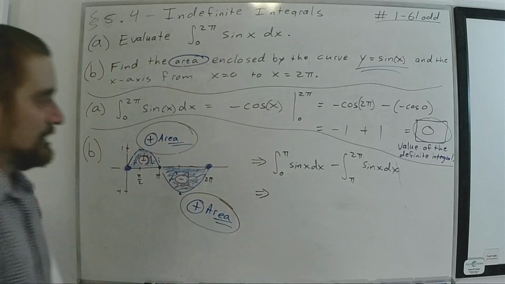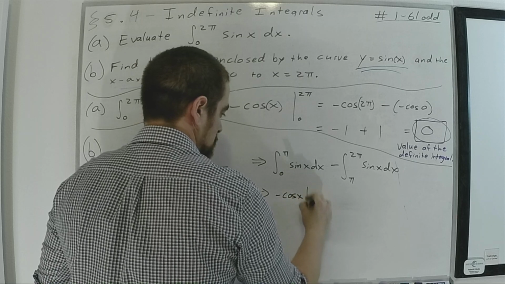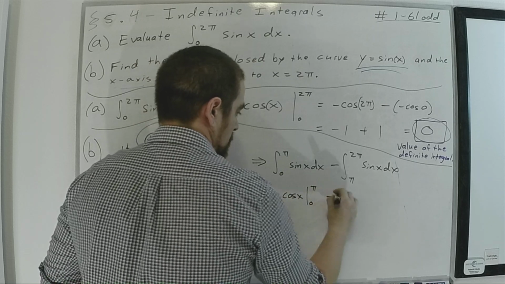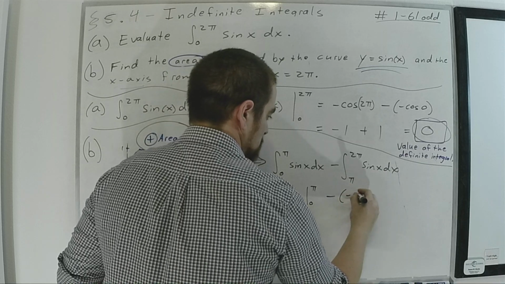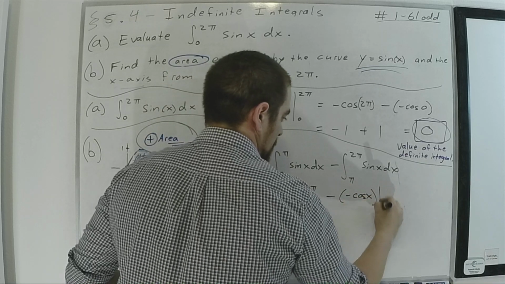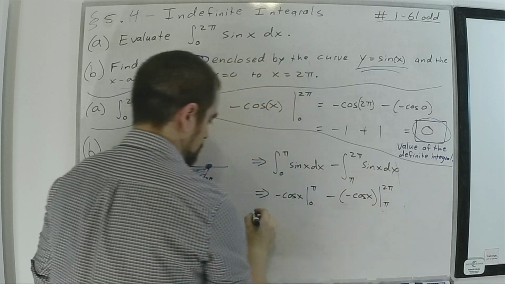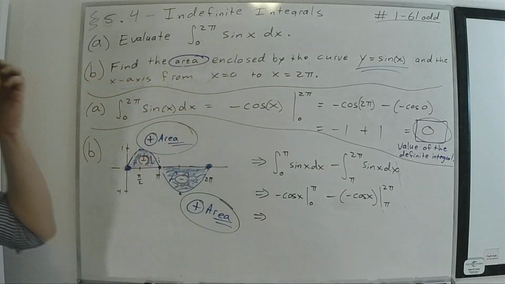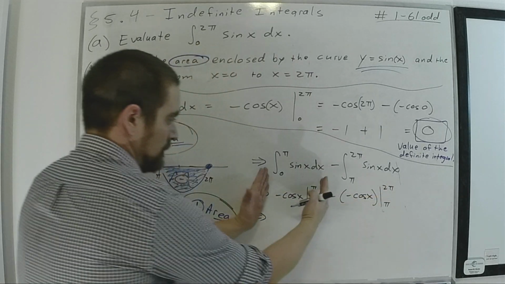So now I integrate sine of x from 0 to pi. That's negative cosine of x from 0 to pi. Then I want to subtract the integral of sine of x, which is negative cosine of x, and evaluate that from pi to 2 pi. So I have to split it up. These are different bounds, right? So I have to do this one separately.